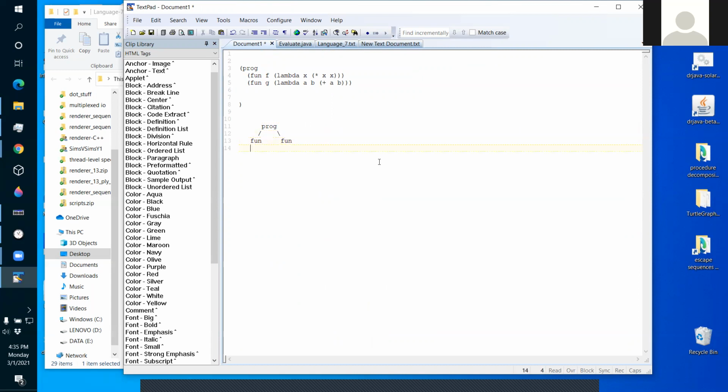Okay, now the left branch fun is an f and a lambda, and the right branch fun is a g and a lambda. Okay, so there's the f and there's the lambda.